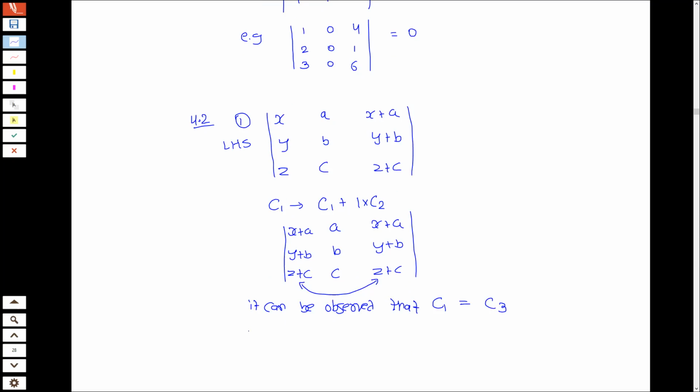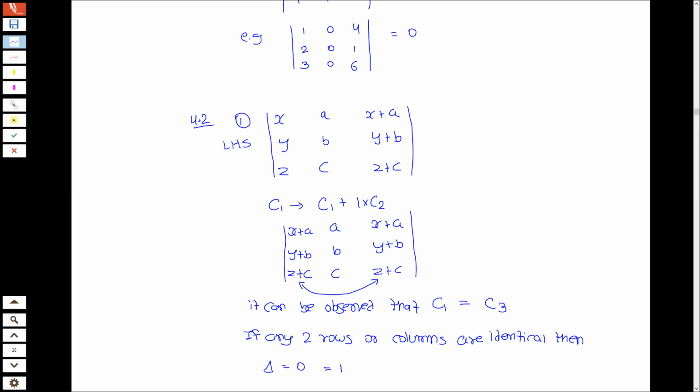Okay, and we have the property, if any two rows or columns are identical, then delta, value of determinant, will become what? 0.